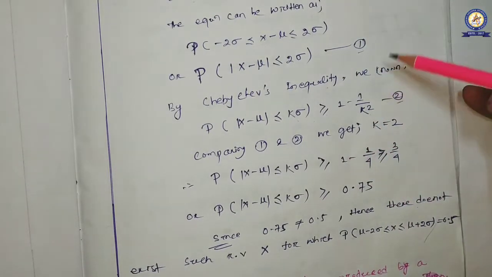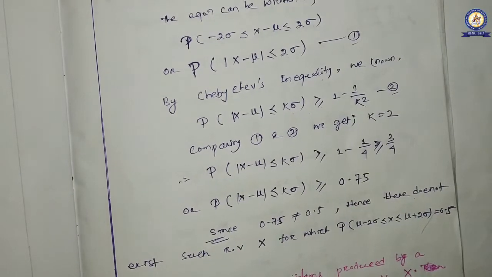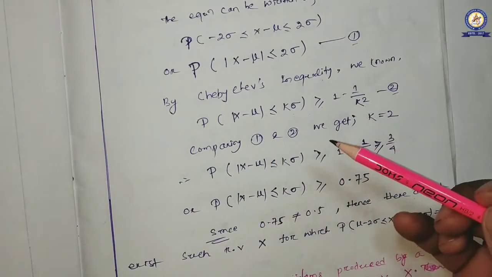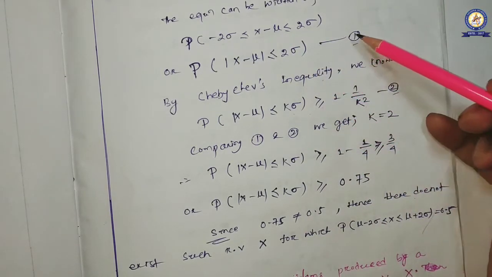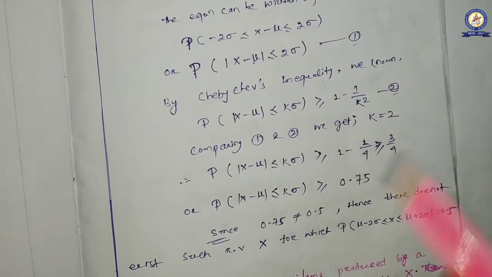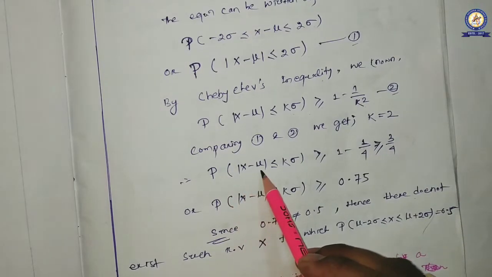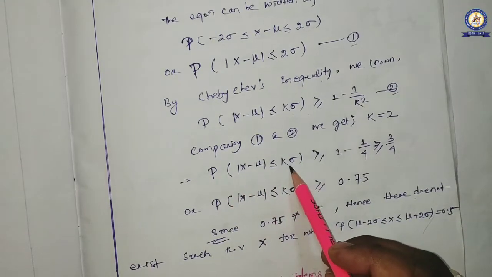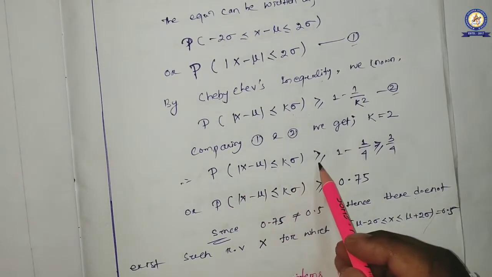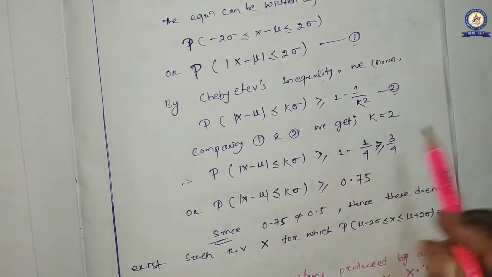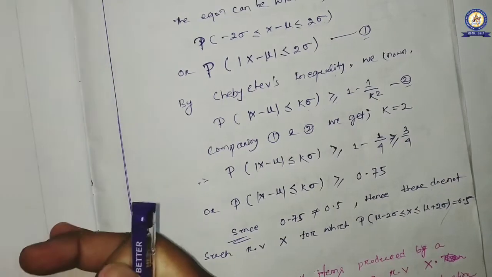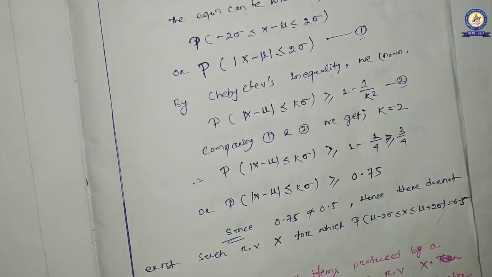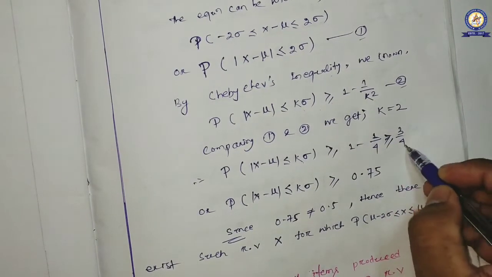We found that, here you can see, if I compare equation number 1 and 2, the probability of |x minus mu| less than or equal to k sigma will be greater than or equal to 1 minus 1 by 4, which is 3 by 4.